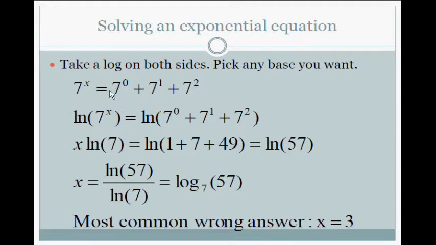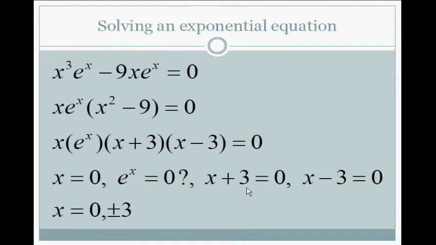If a student easily recognized we have 7 to the x equals 57 from the very beginning, and went directly to x being log base 7 of 57, I was perfectly fine with that and gave them full credit. That being said, the most common wrong answer was 3 for this problem. I'll explain why in just a little bit.